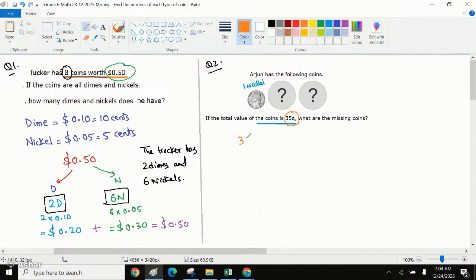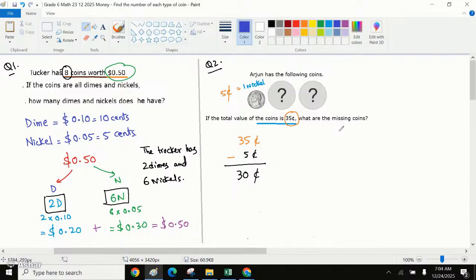Can we say 35 cents minus 1 nickel? 1 nickel equals 5 cents, right? So if we subtract 1 nickel, what are we left with? We are left with 30 cents over here.